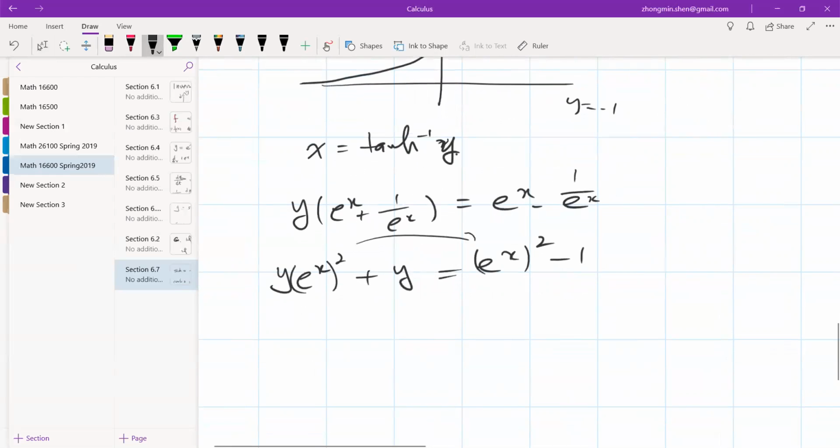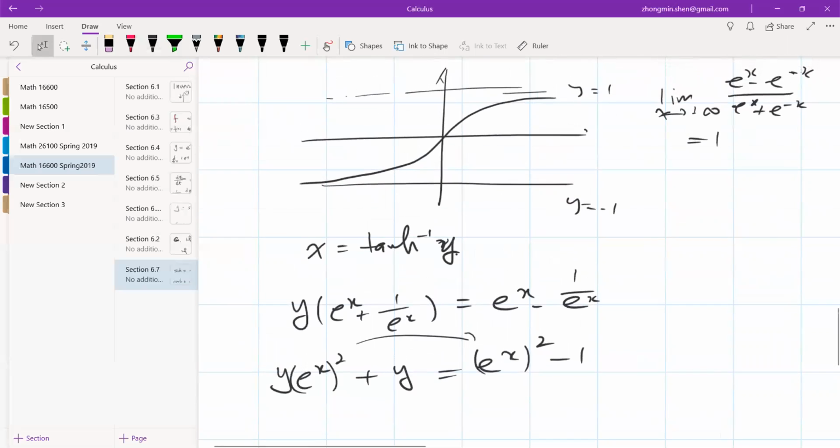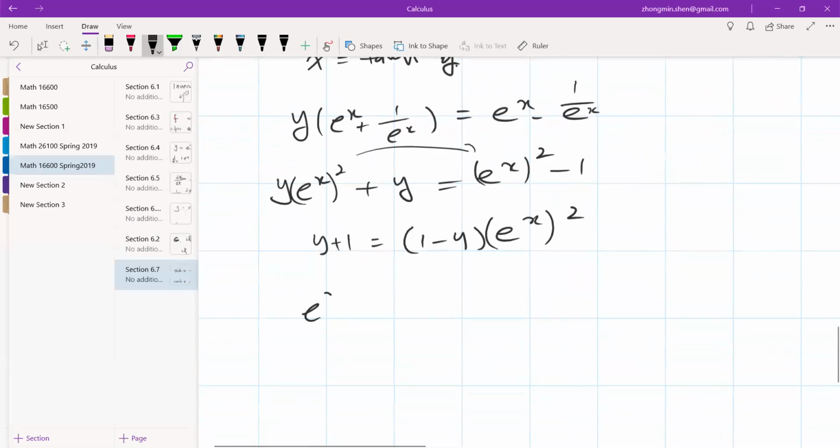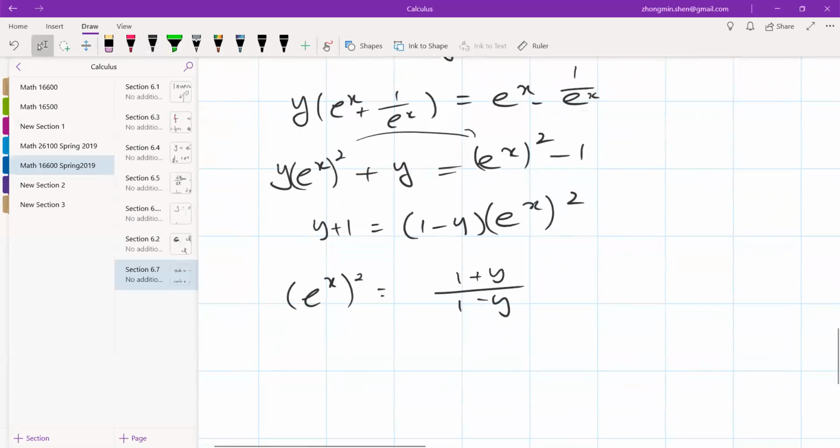Look at the y value. The y value is going to be between negative 1 and positive 1, right? So I'm going to express it in this form. So e to the x squared, if we write it in the more standard form, 1 is first, and then you take the square root.